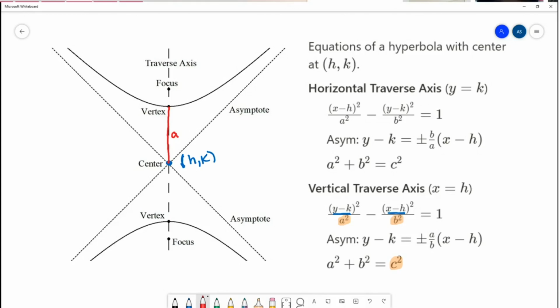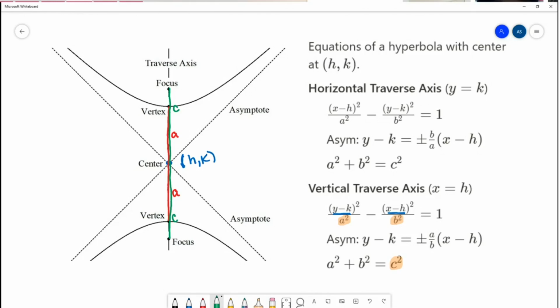You could also label this distance here as a from the center to the other vertex. Remember, we have a lot of symmetry going on here. Then we have c. c is the distance from the center to the focus. So this distance here is c. We could also label this as c, the center to the other focus.